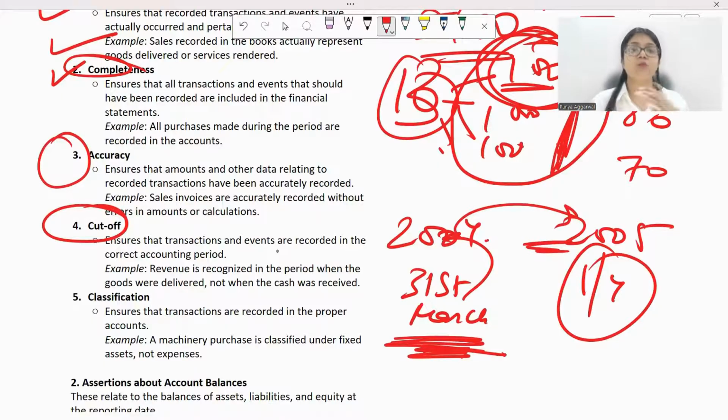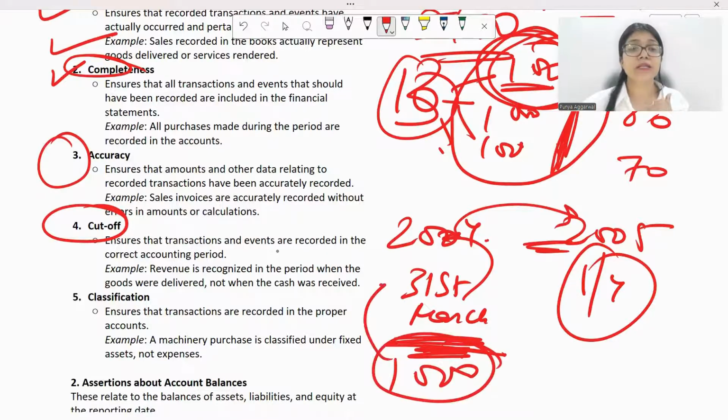So what will actually happen? For example, there was a revenue of 1,000 rupees. Actually, we need to recognize it in this year, but by mistake or by fraud we recognize this revenue in the next year, because 31st March it ended and on 1st April the next year started, right? So in that scenario, our revenue for this current year is undervalued. Why? Because this 1,000 should have come in 2004, but we recognized it in 2005. That is the issue.